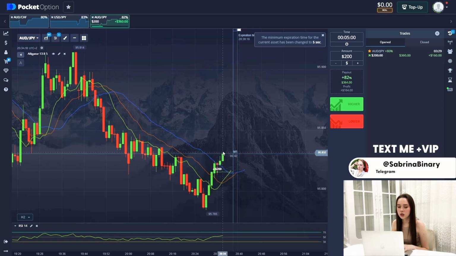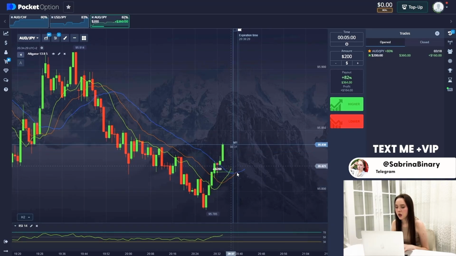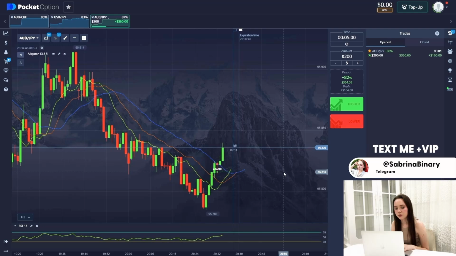Now we see that after the point of opening of our position, several candles have already formed, which are directed upwards. Also, we can see that the green alligator line is directed upwards after the point of opening our position, which means that the chart is now being drawn, and here we can better determine the further price movement.